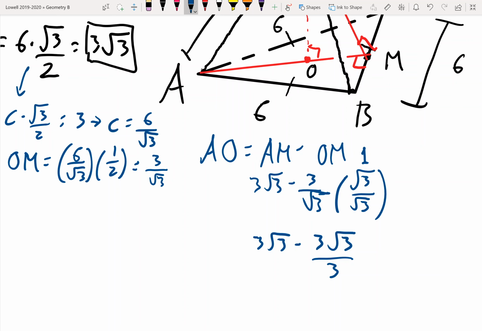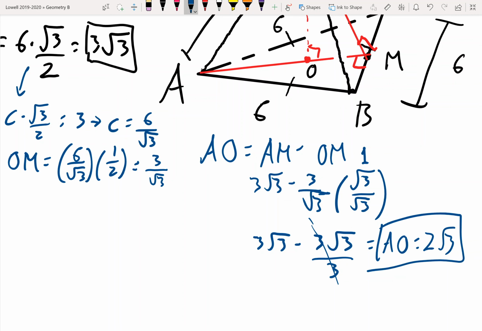And if I do this, hey, wait a minute, 3 divided by 3, that's just 1. And so I really have 3 root 3 take away 1 root 3, which means that AO is equal to 2 root 3s.